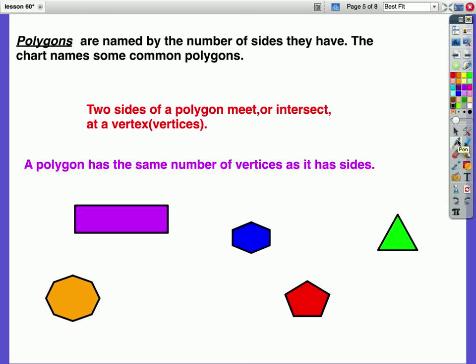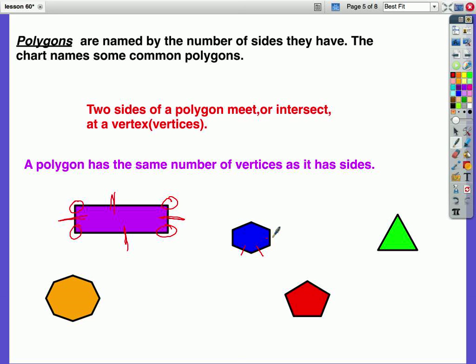So let's start with this rectangle. So it has 1, 2, 3, 4 sides. If we look at the vertices, it has 4 vertices as well.